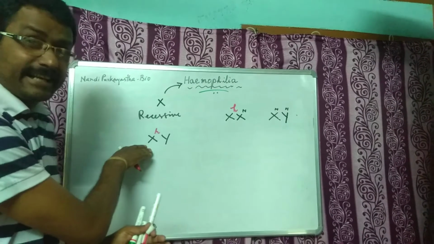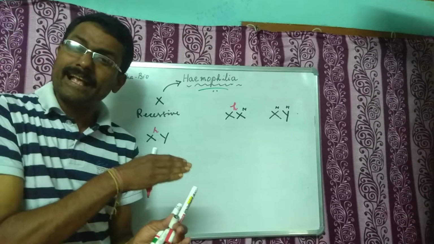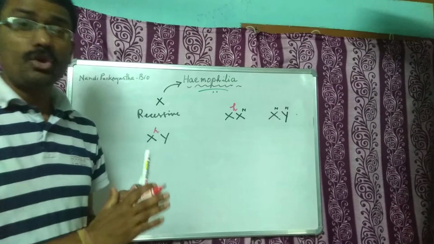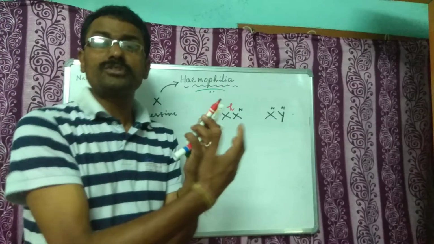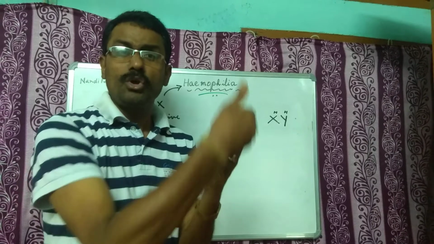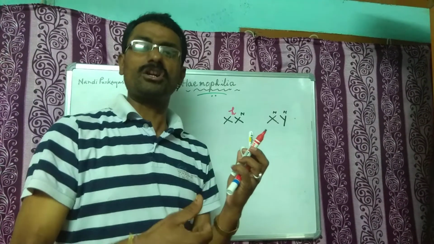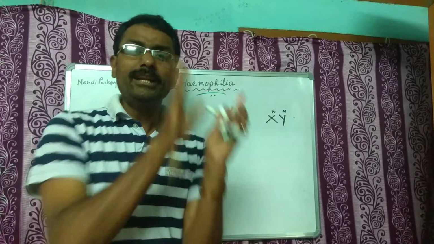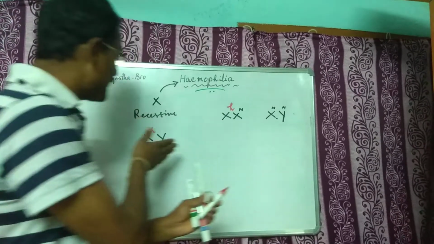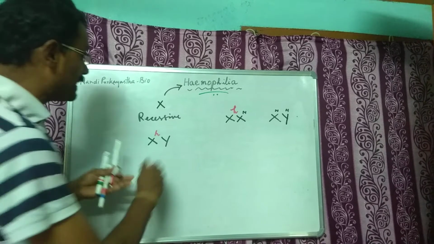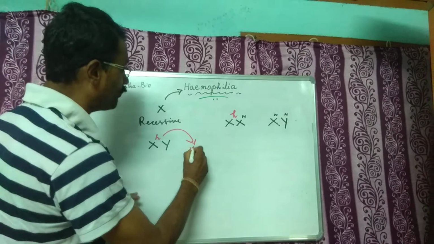So the recessive character of the X is expressed. Understood? Because the genes present in the Y chromosome have no ability to suppress it, this is expressed: hemophilia.